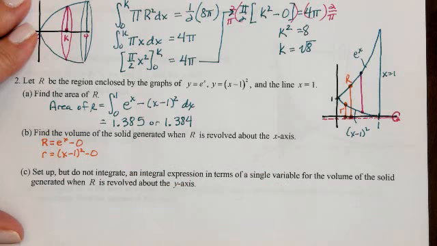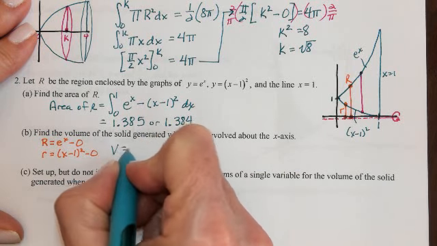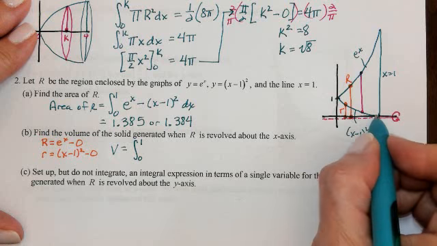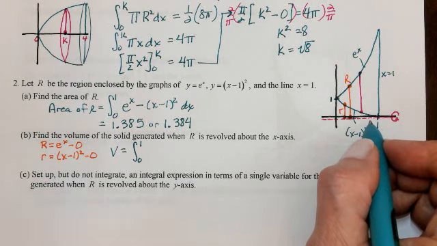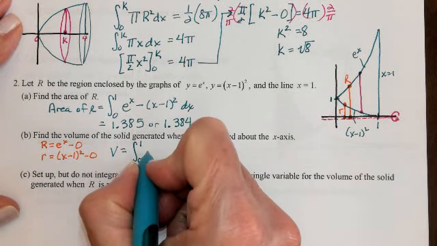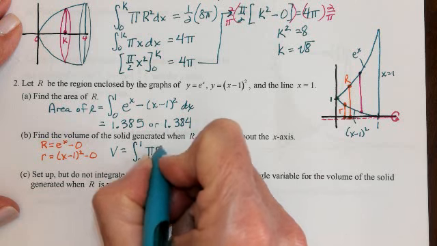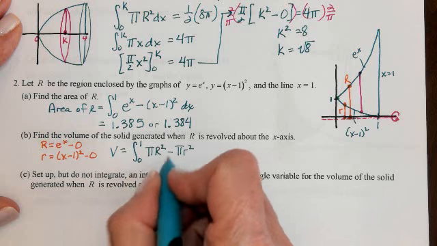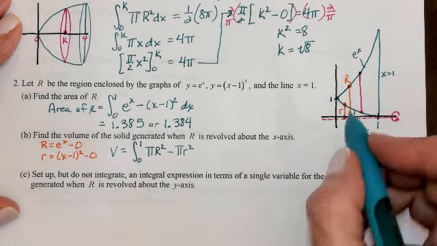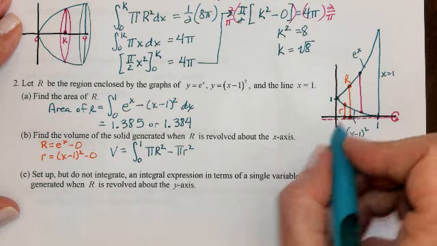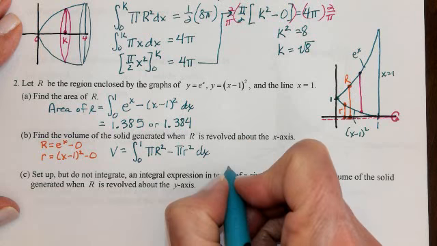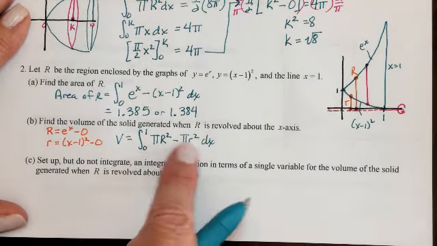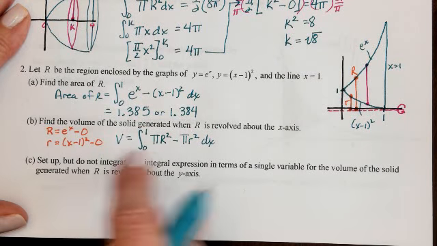And then my volume will be the integral, again from 0 to 1, because we're going from x equals 0 to x equals 1, of pi big R squared minus pi little r squared. Remember, area minus area, because we don't want this blank area, dx.